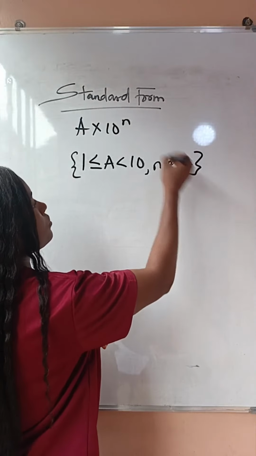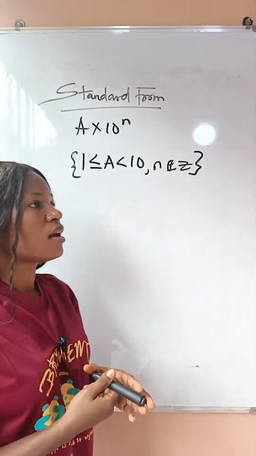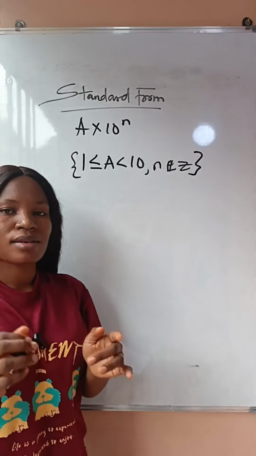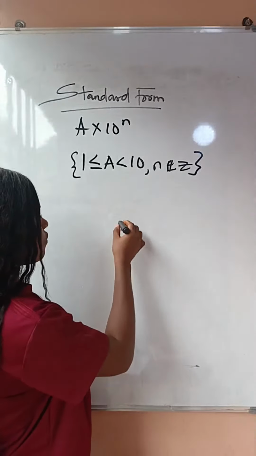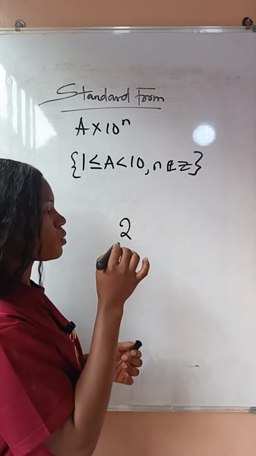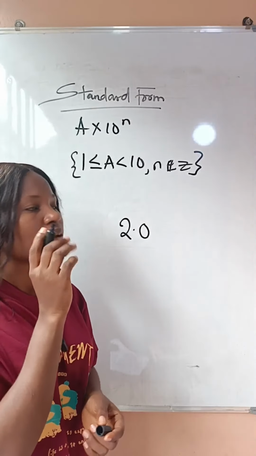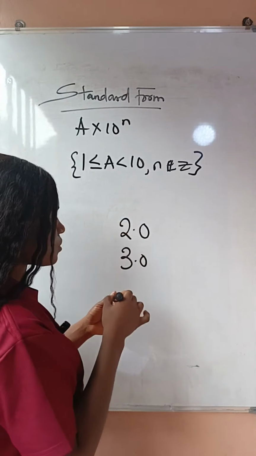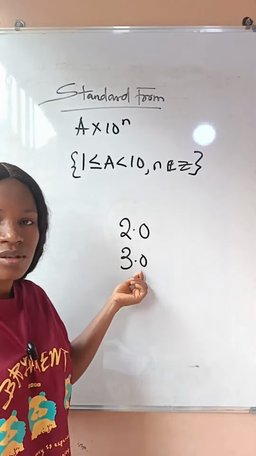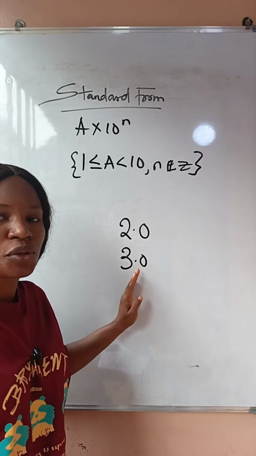All right. Now, having said that, remember that any whole number has its decimal point at the end of it. For example, if I want to write 2, 2 is the same thing as 2.0. The same thing, if I write 3, 3 is the same thing as 3.0. So the decimal point of any whole number is at the end of the number.